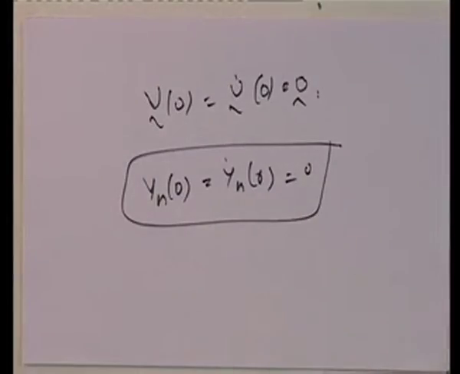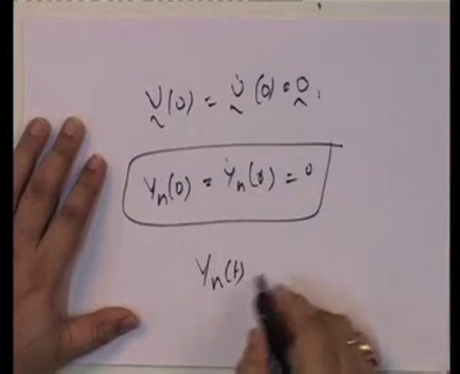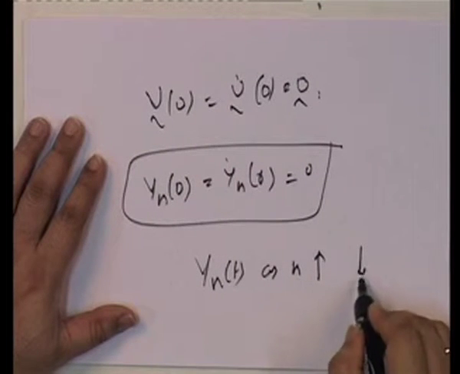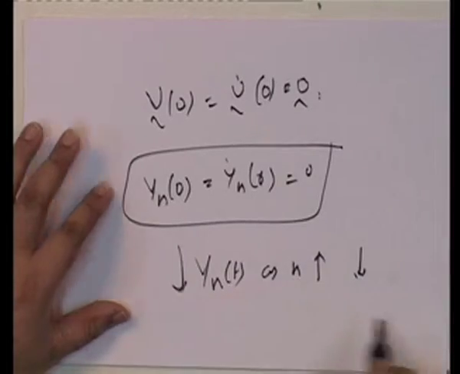So, if they are at rest, every mode is at rest because the initial velocity is at rest. If it is not being subjected to any load, the higher modes, yn of t as n increases, will go down.